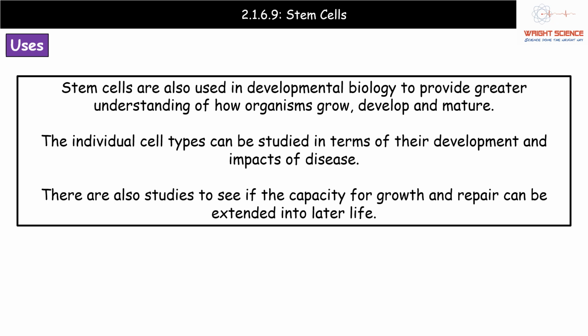This gives us the opportunity to see, are there ways that we could get more growth or repair of these cells later in life? Or is this something that only works at a very early stage of development and we can't do anything?